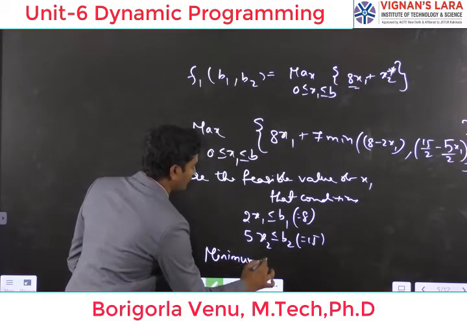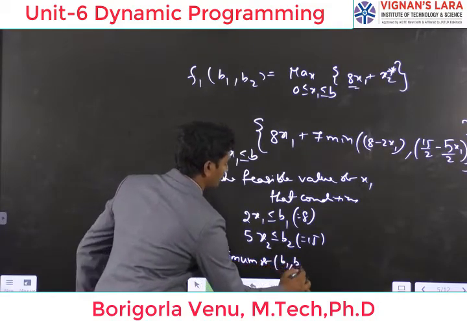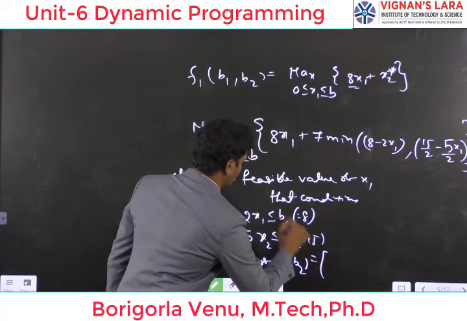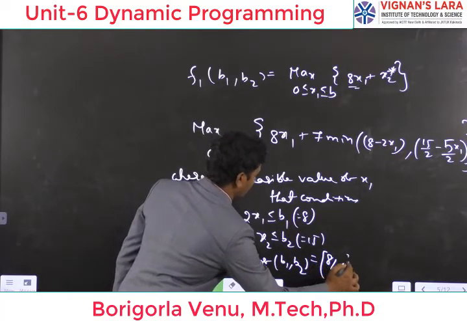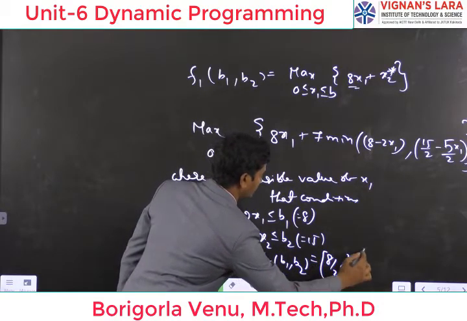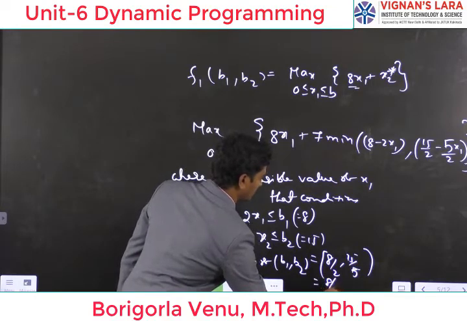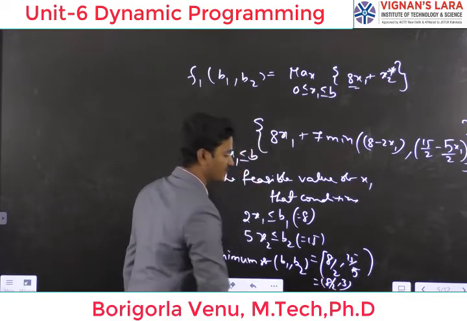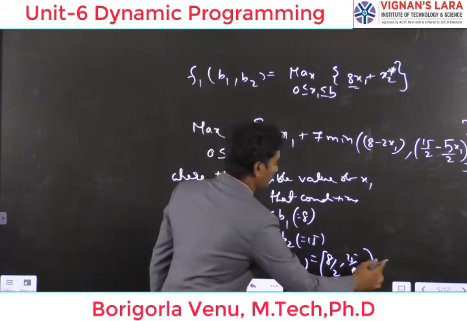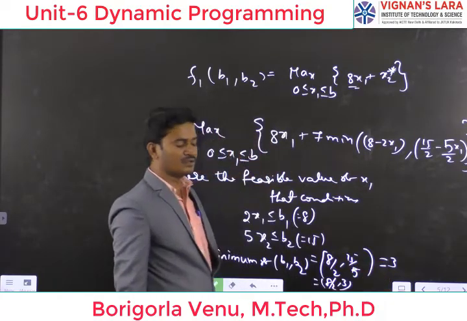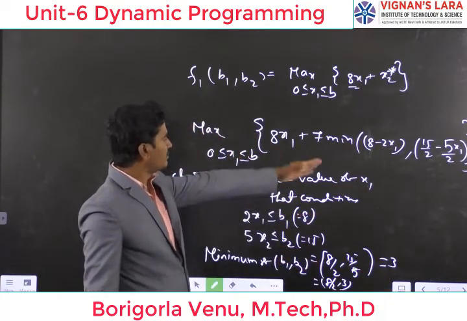The minimum of b1 comma b2 is equal to 8 by 2 comma 15 by 5, that is 8 by 2 comma 3. From this, what is the minimum value? The minimum is equal to 3. We are going to substitute that minimum value, that is the x1 value, in this equation.